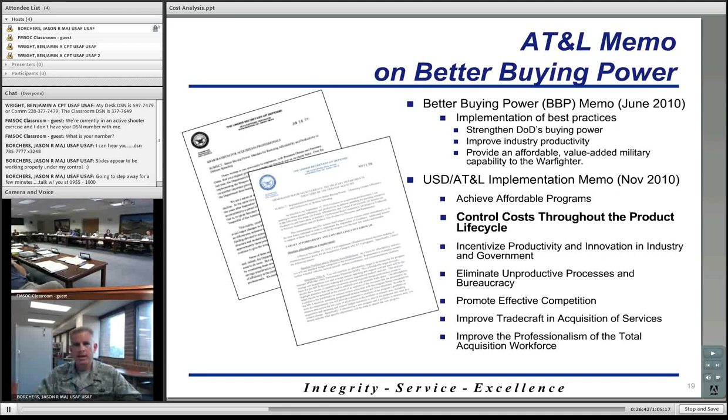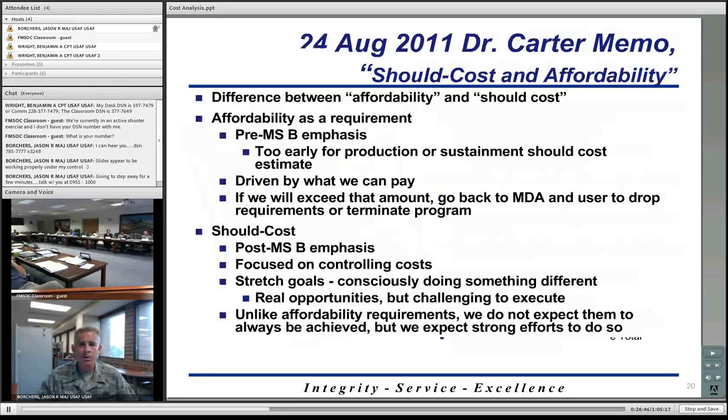In 2011, Dr. Carter put out a memo, Should Cost and Affordability, that essentially described the difference between the terms affordability and should cost. Affordability decisions tend to happen earlier in a program, or maybe even before the program starts to begin with.